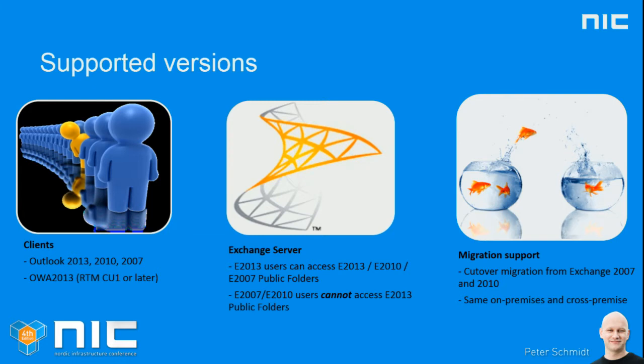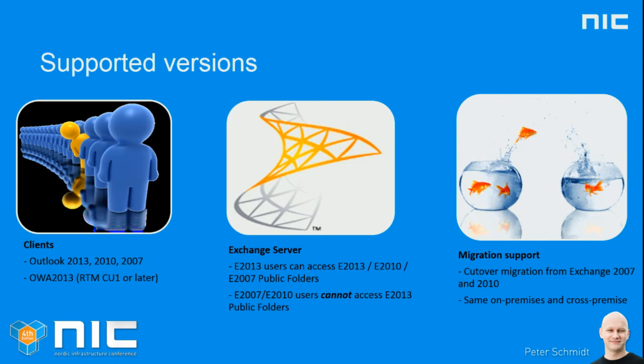Exchange 2013 users can access our legacy public folders, but the other way around does not work. So if you still have mailboxes located in Exchange 2007 or 2010, they cannot access our public folders when we move them to modern public folders.